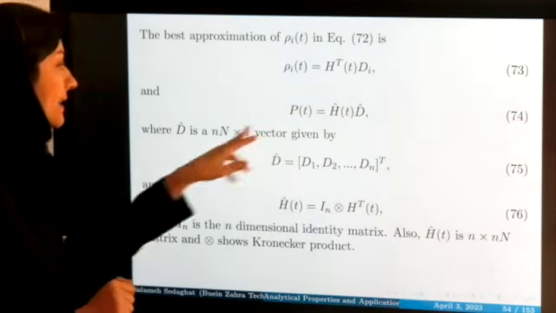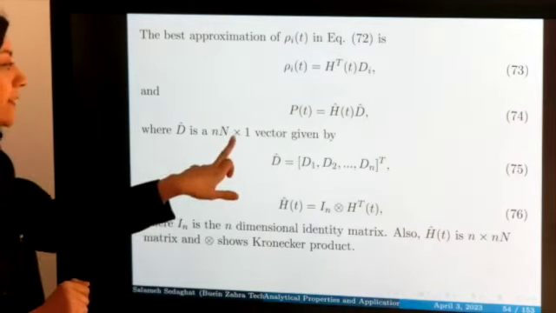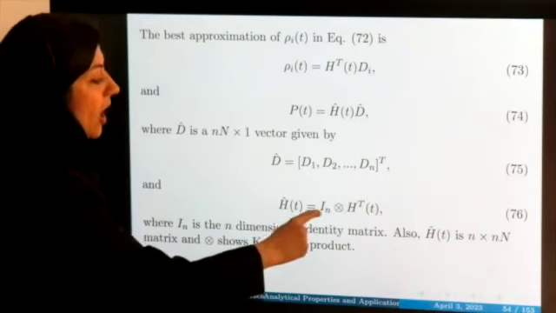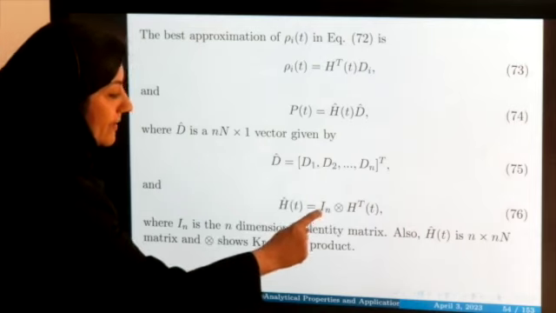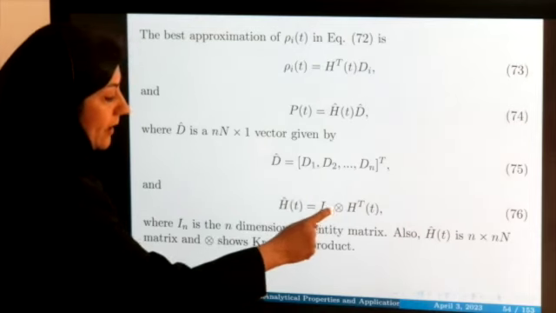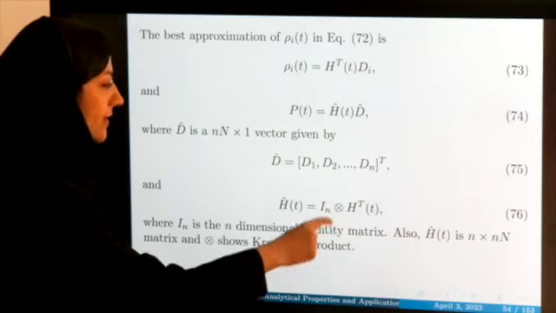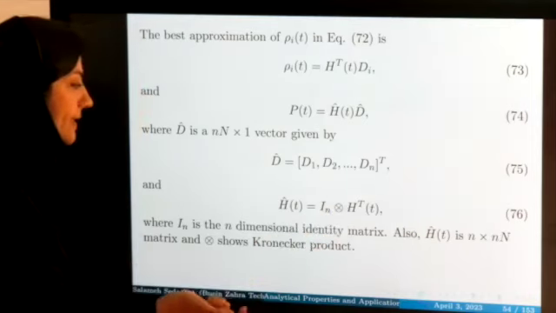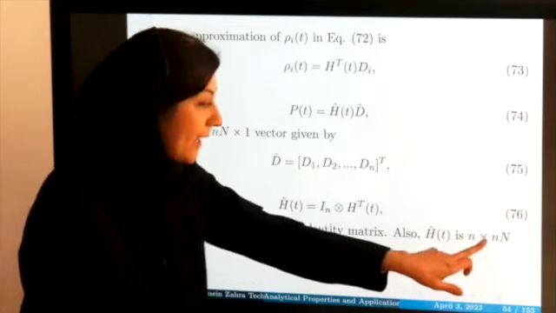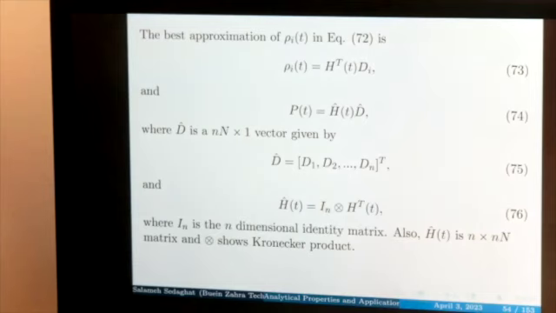Here, d hat is an n times 1 vector, and H hat is the identity matrix of order n times n, Kronecker product H transpose t, and H hat here is an n times n matrix.